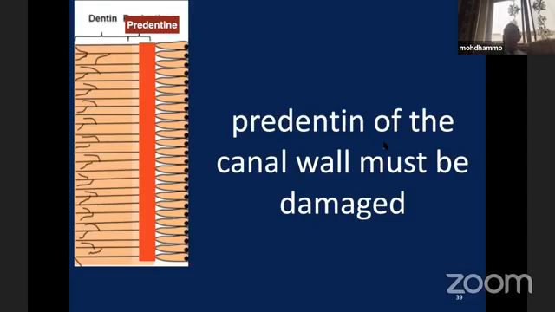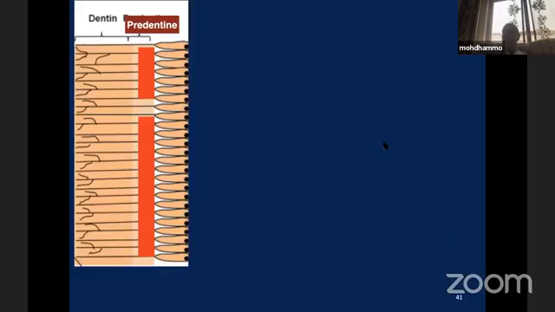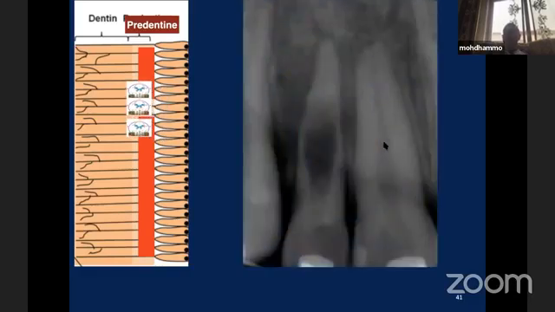So when this predentine is damaged, what will happen? The infected coronal pulp tissue will provide stimulation for those clastic cells, and the osteoclasts will be activated. Then they will go to the dentine and start making resorption. Because of this, internal resorption occurs at this stage.